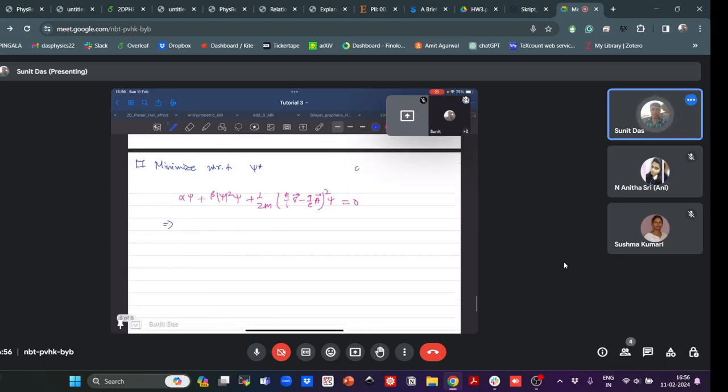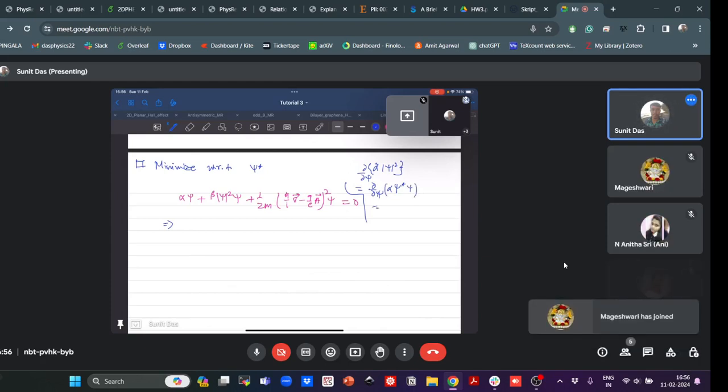So how does this come? Whenever we take del psi star, or delta psi star, same thing basically in the limiting case, of alpha psi star psi, then we get alpha psi, since we have taken the derivative with respect to psi star.